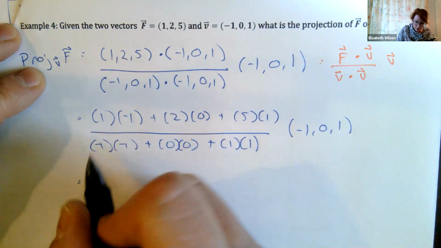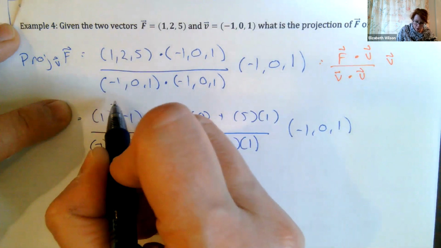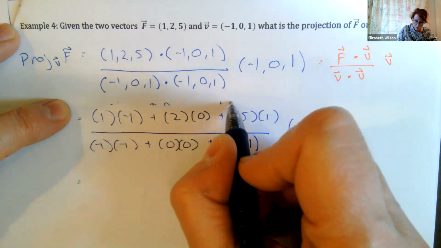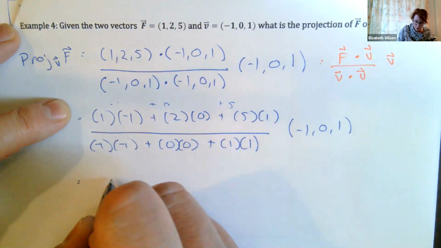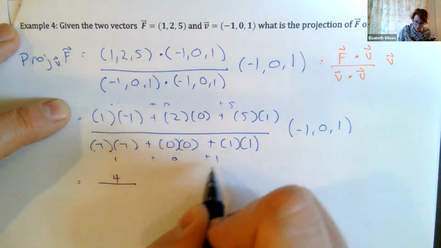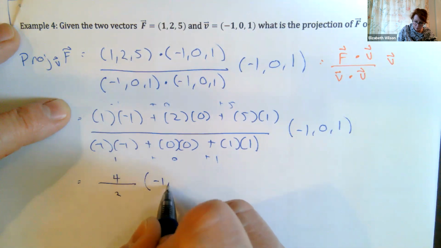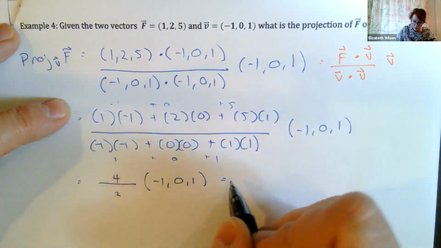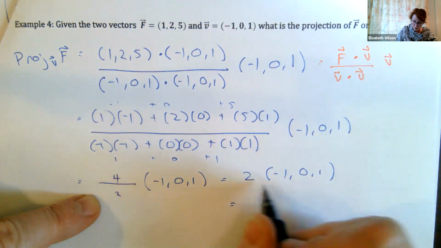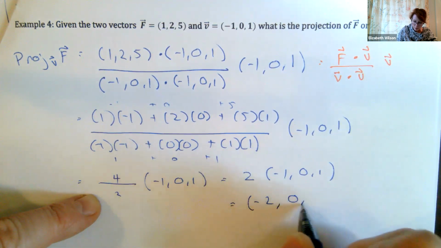This is going to be minus 1 plus 0 plus 5. So 5 minus 1 is going to be 4, all over 1 plus 0 plus 1, all over 2, which is going to equal 2 times minus 1, 0, 1, which I can distribute as minus 2, 0, comma 2.